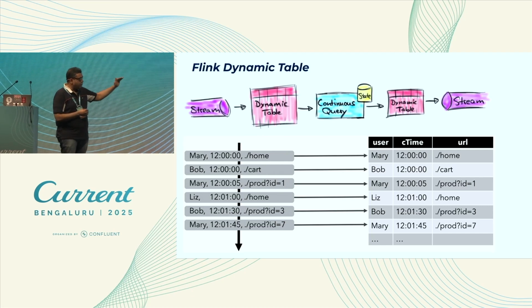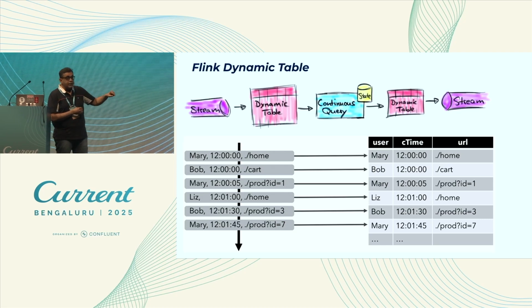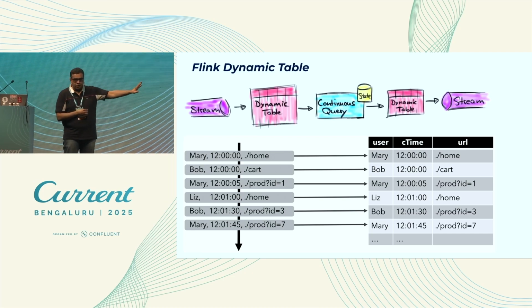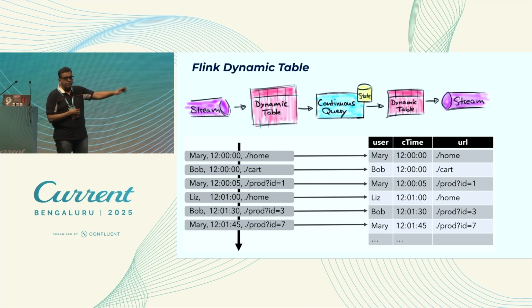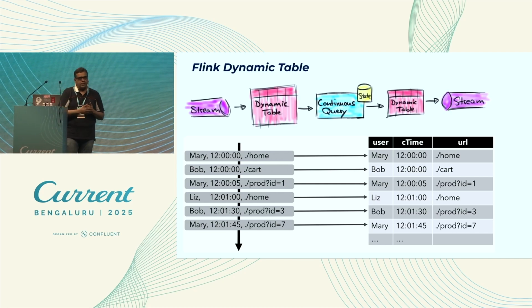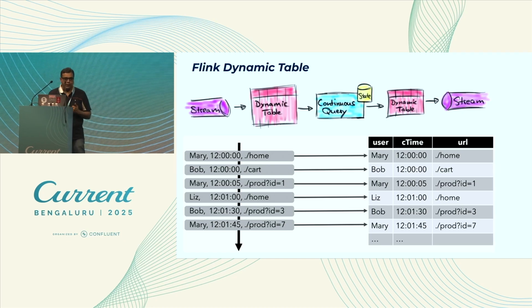So I have Murray, Bob, they are clicking on specific URLs, and then that comes out with the schema intact on my Flink dynamic table as user, created time, and URL. And as I told you, it's an unbounded table, right? So it's an append-only table, so rows keep on getting added.